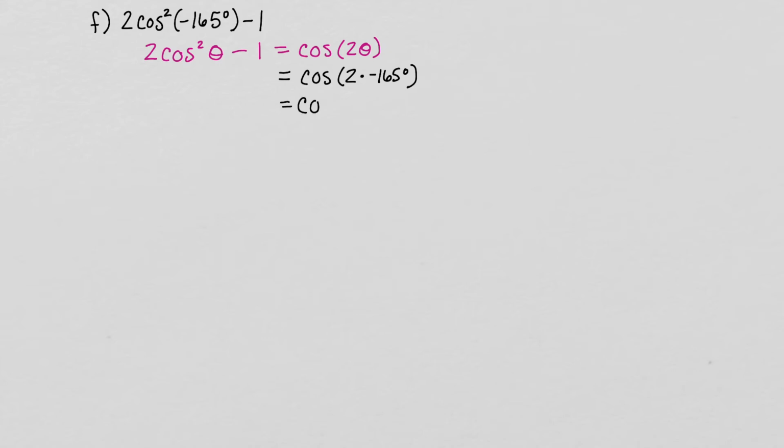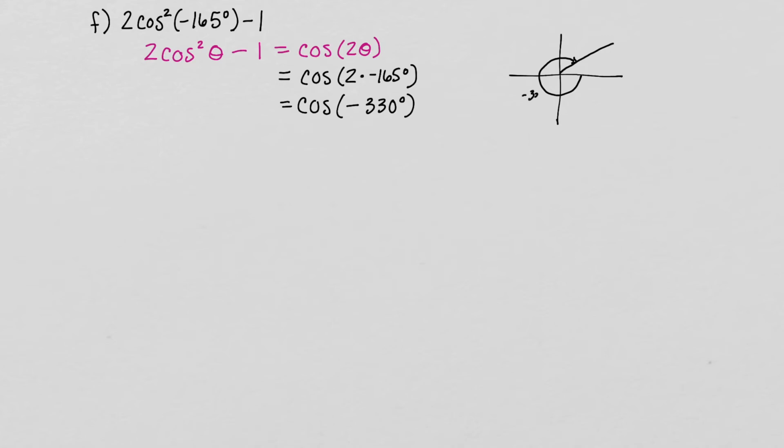Or we're looking for the cosine of negative 330 degrees. So negative 330 degrees is on the unit circle. Just to refresh yourself, negative 330 degrees would go around this way and end up here in the first quadrant someplace.